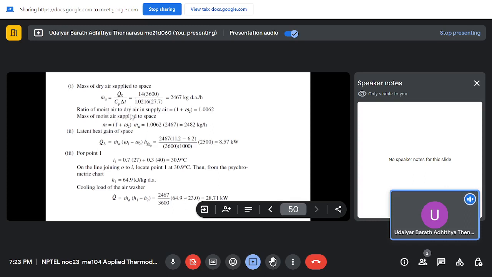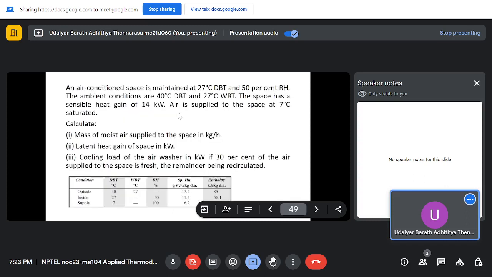The ratio of moist air to the dry air in supply is 1 plus omega 2, which equals 1.0062. So the specific humidity is 0.0062 at 7 degrees Celsius dry bulb temperature.